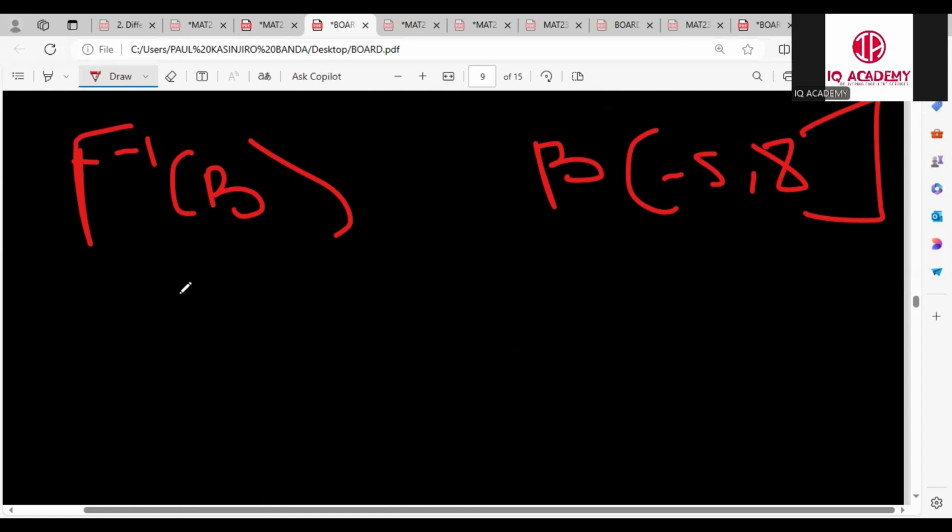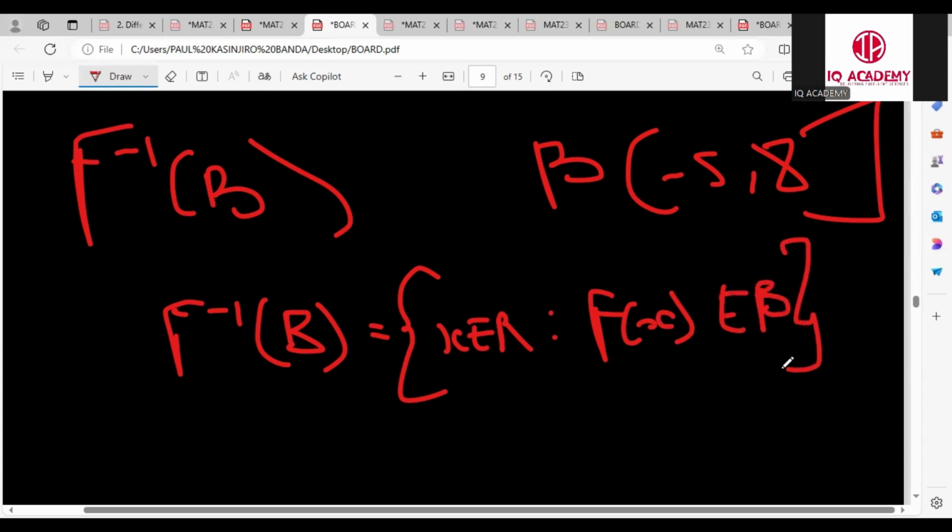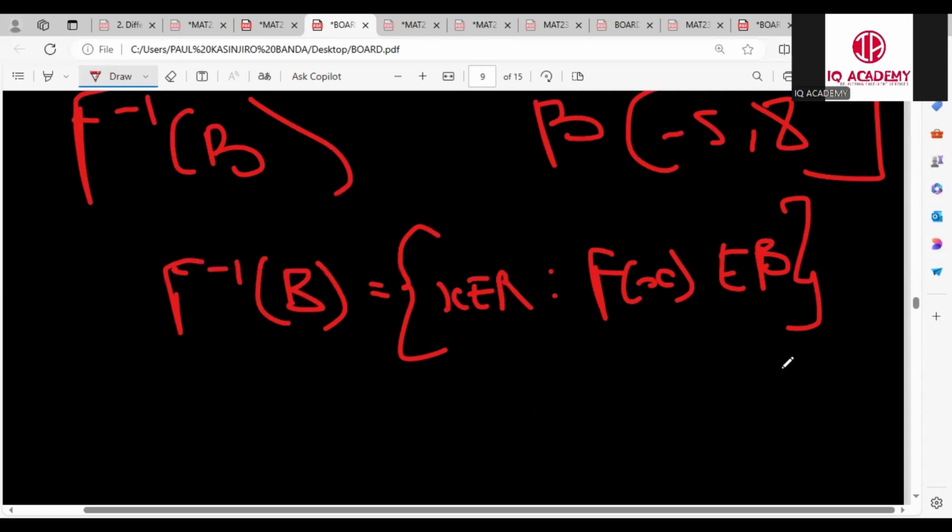The inverse image of b is defined as the set of x, a member of the real numbers, such that the function f of x is a member of b.